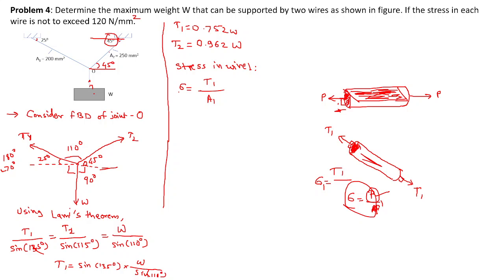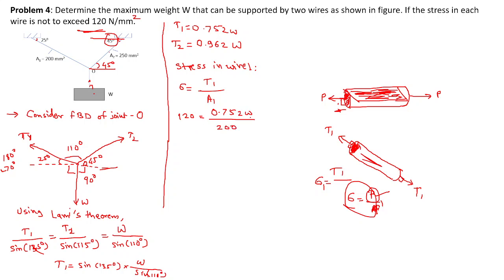Sigma is given as a limit not to exceed 120 Newton, so we can directly take it as it is. It's equal to T1, which we have in the equation, 0.752 W, divided by A1, whose given value is directly 200.